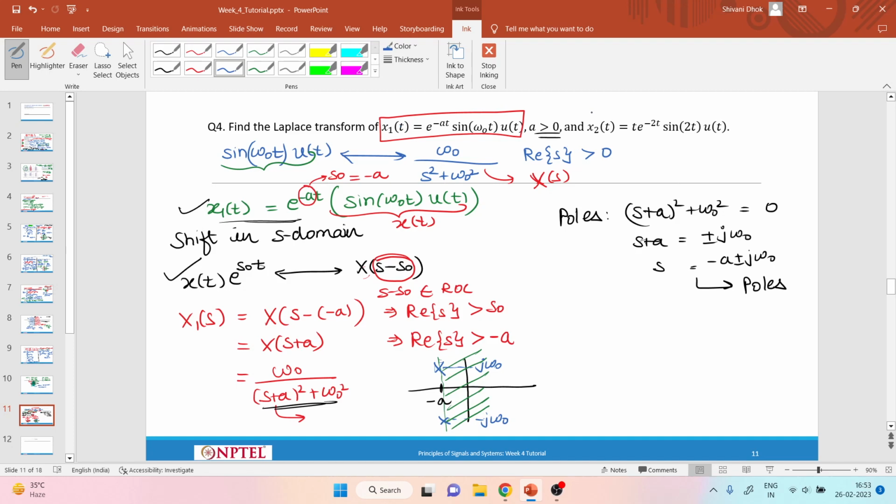Now we'll try to find the Laplace transform of this signal, that is x2 of t equal to t into e power minus 2t sine 2t u of t.